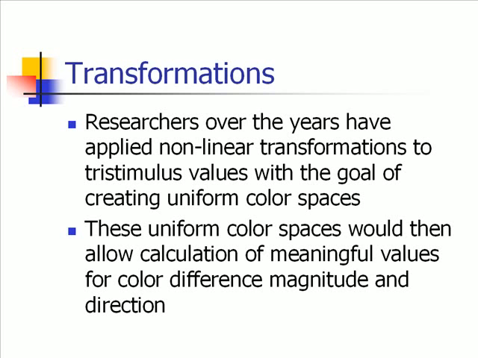That's one of the things that the mathematicians were working on: to take our color space, which is inherently nonlinear, which means the numbers don't mean the same thing in all parts of color space visually as they do just with the numbers, and somehow transform them so that we have a uniform color space. These uniform color spaces would then allow calculation of meaningful values for color difference, magnitude, and direction.